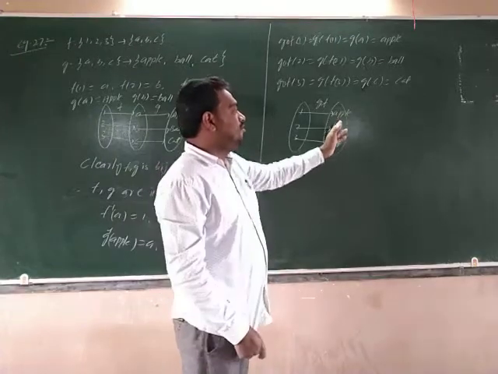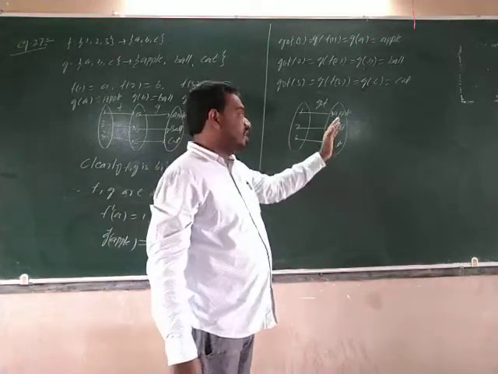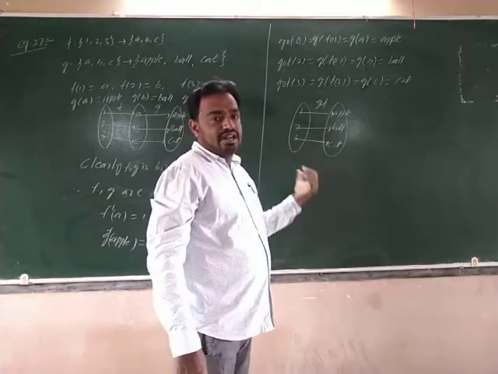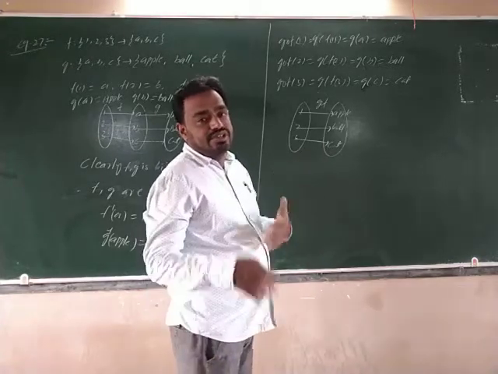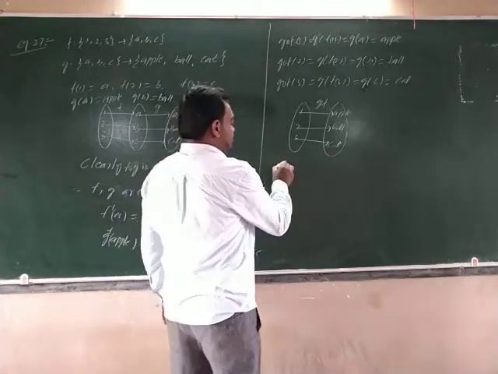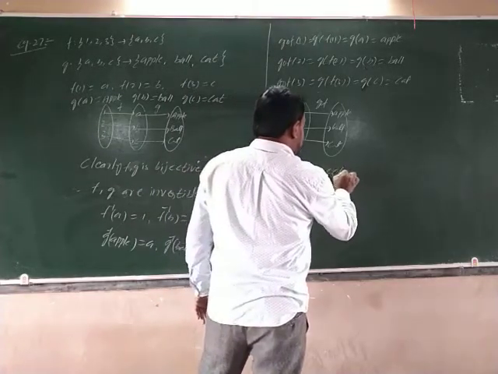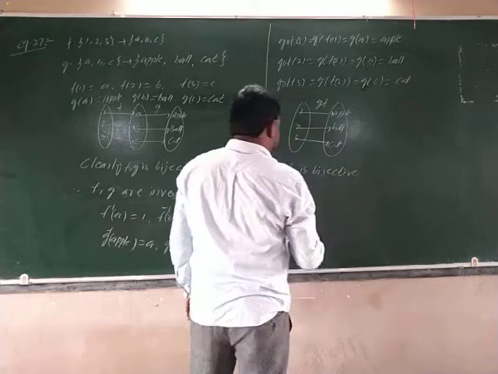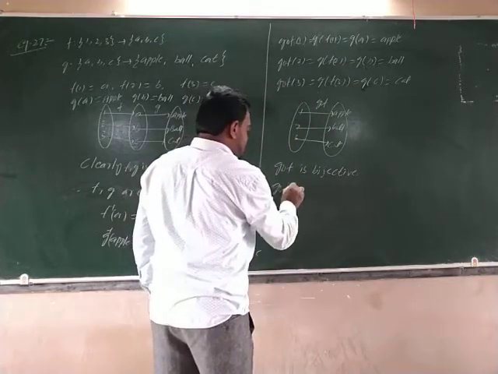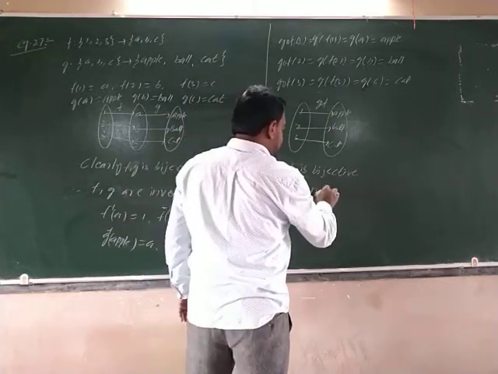Every element in the codomain has an image, that means it is onto. One-one and onto means it is a bijective function. Therefore, g circle f is bijective, which means g circle f is invertible.